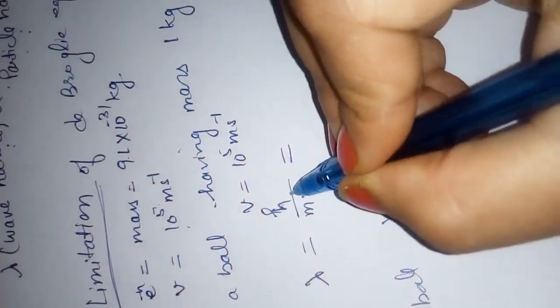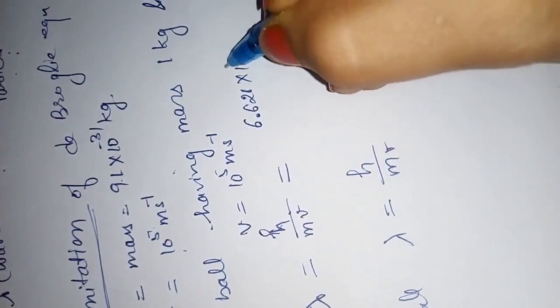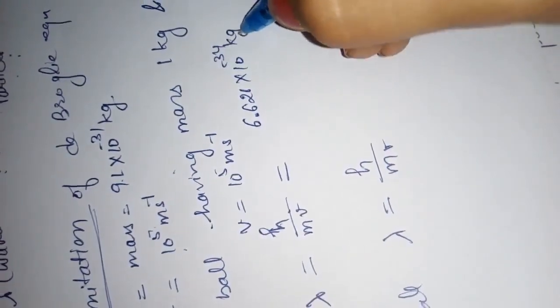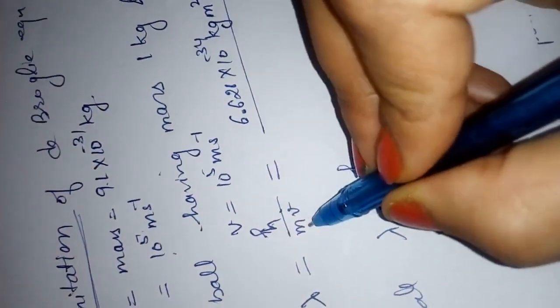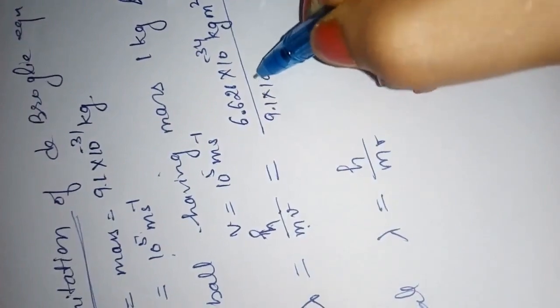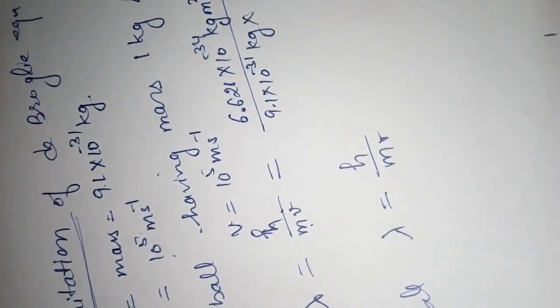The value of Planck's constant is 6.626 into 10 raised to power minus 34 kg meter square per second, divided by the mass of electron, 9.1 into 10 raised to power minus 31 kg, and the velocity is 10 raised to power 5 meter per second.